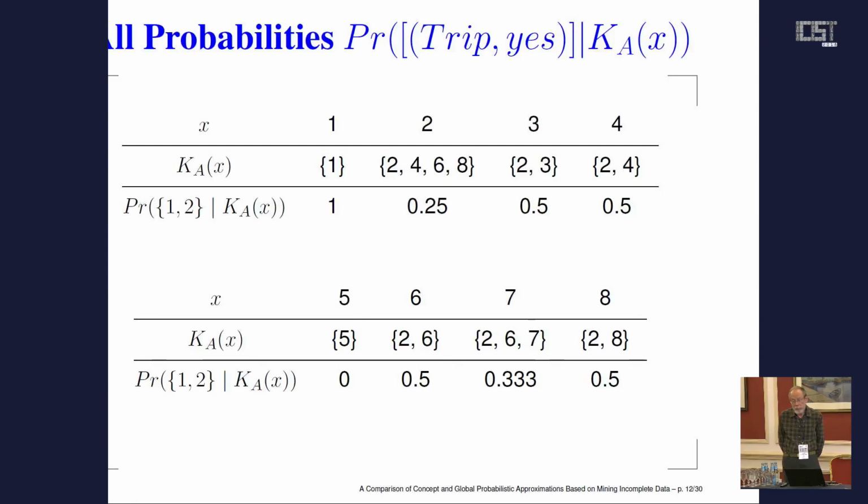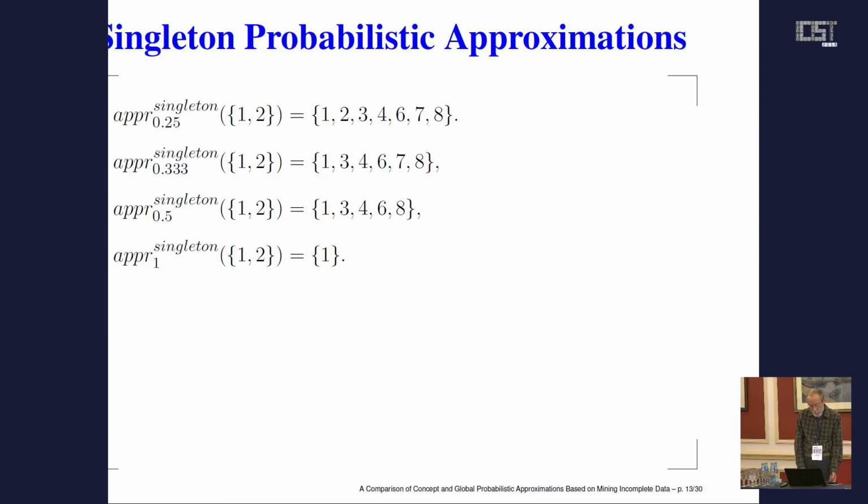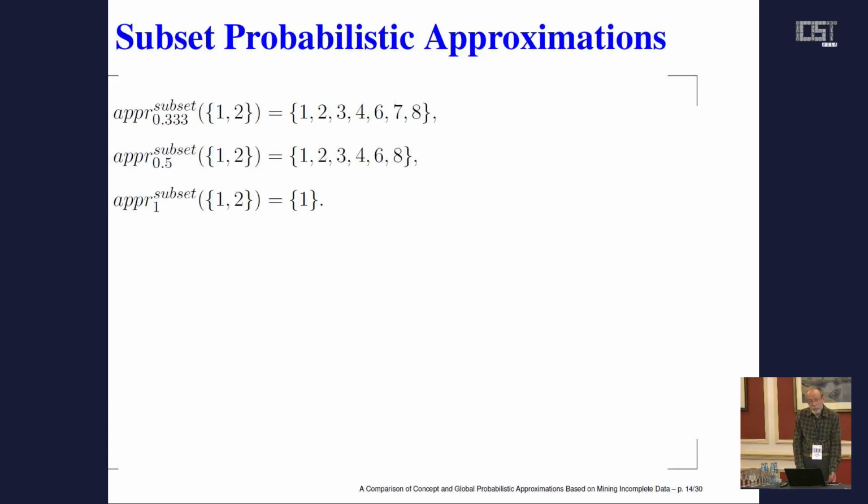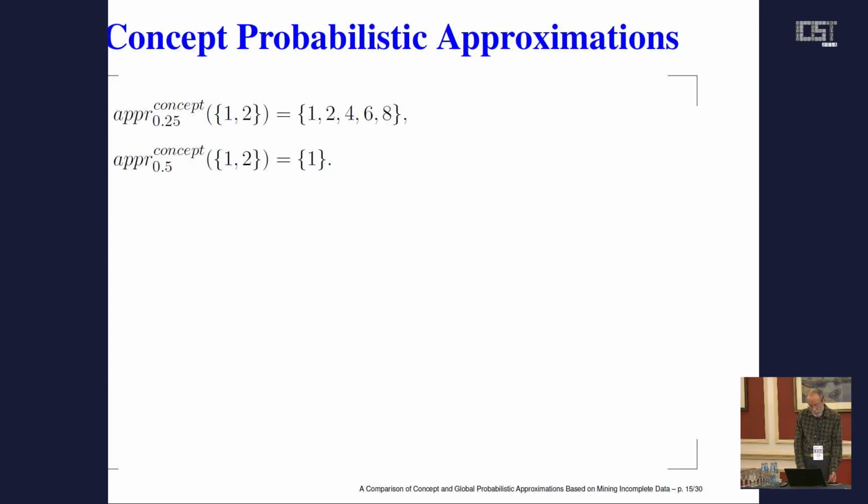The number of different probabilities is very restricted, and so the number of corresponding approximations is also not too large. For example, for the concepts 1 and 2, you have here absolutely all probabilistic approximations. There are only 4 of them. For subset approximations, it is even less, only 3. And for concept probabilistic approximations, we have only 2.